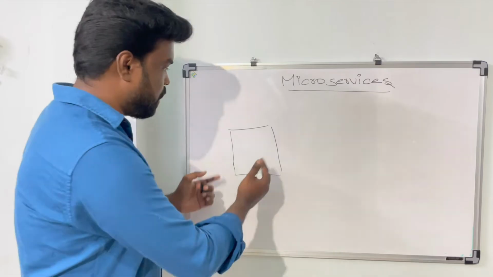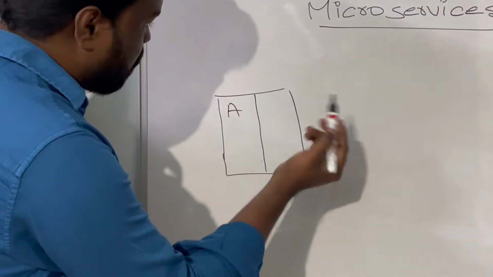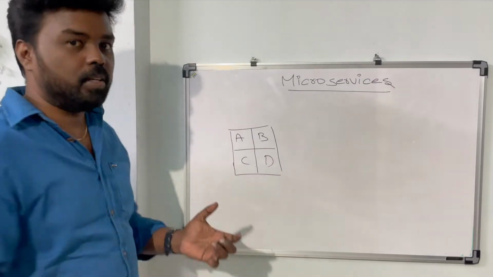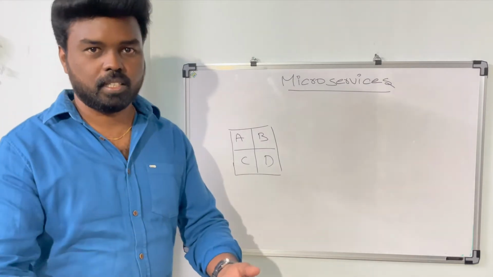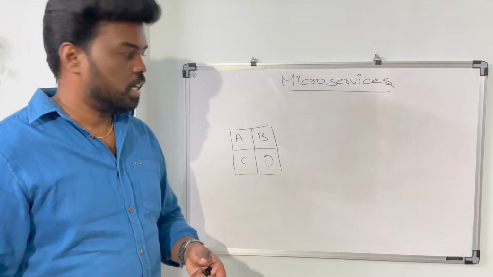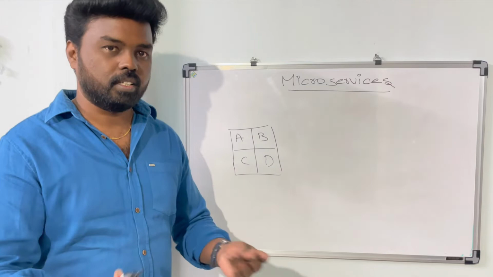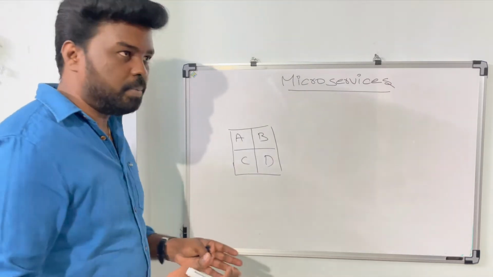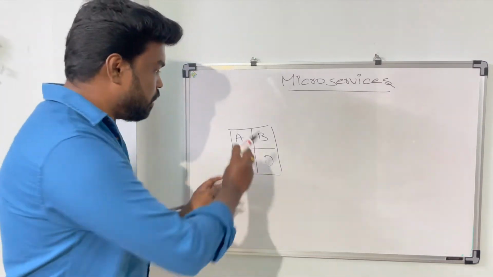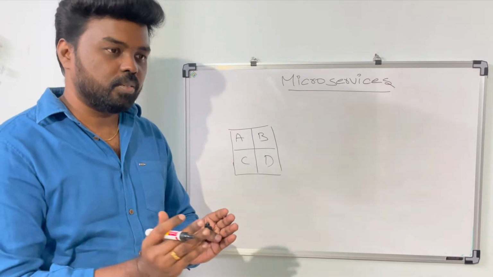For example, this application might have module A, and other modules could be B, C, and D. If you are building an e-commerce application, module A could be the one responsible for login, module B could handle managing the orders, module C might manage the product catalog, and D might manage the payment. All these different functionalities of the application are integrated and embedded into a single unit.